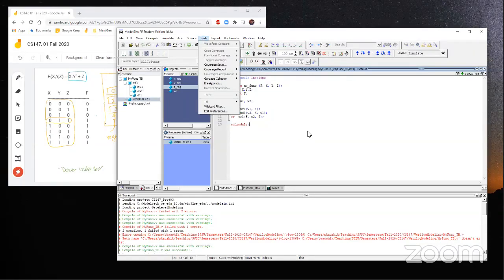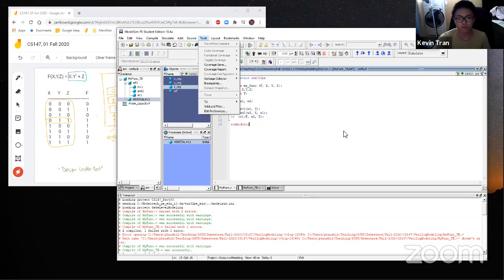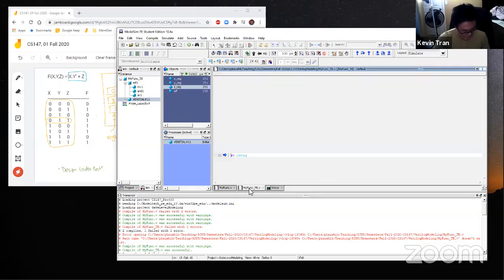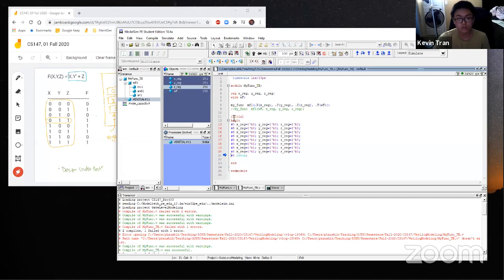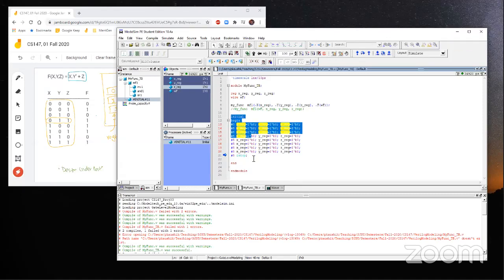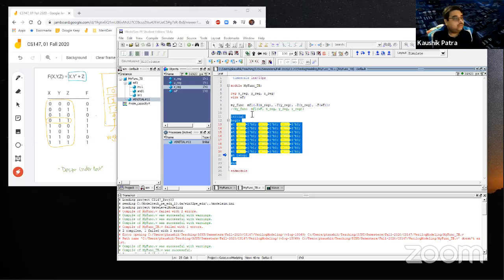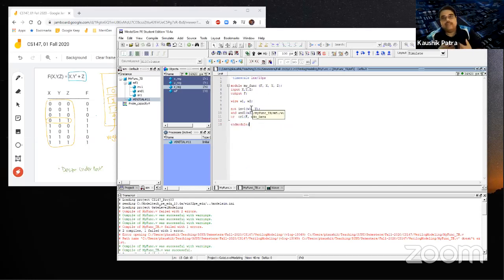Okay, I have a question. Why do you put initial and begin for the test bench? This one? Okay, yeah. The initial block is giving you a piece of code that will be running in parallel with this piece of code. In Verilog, everything is running in parallel.